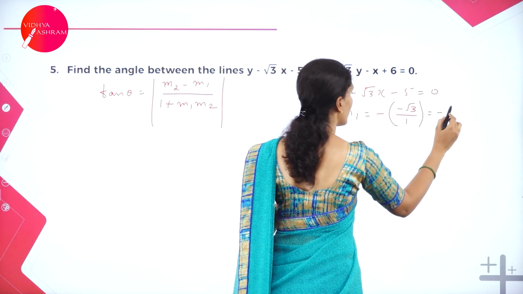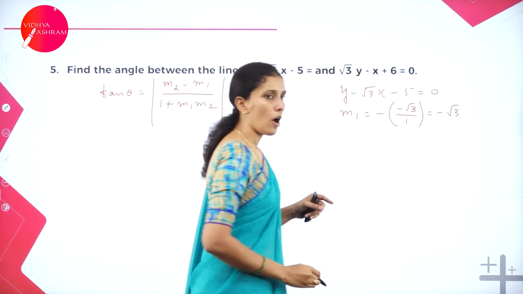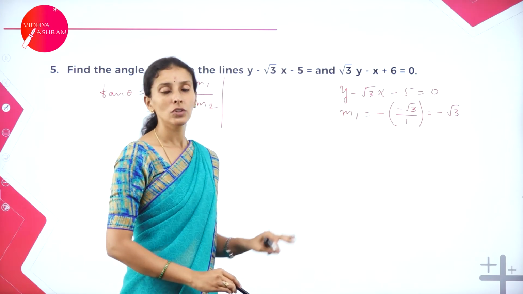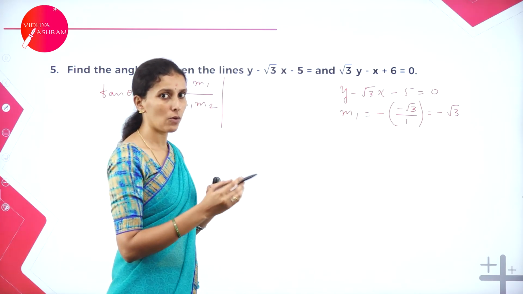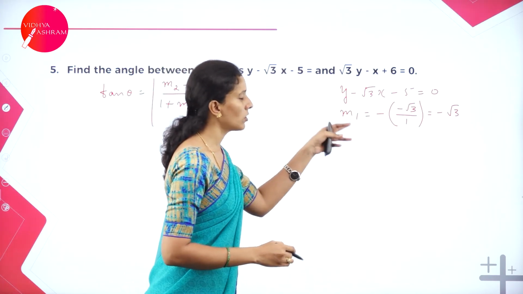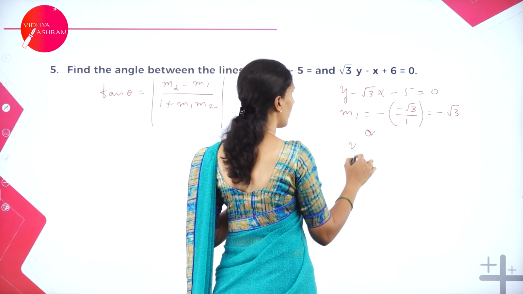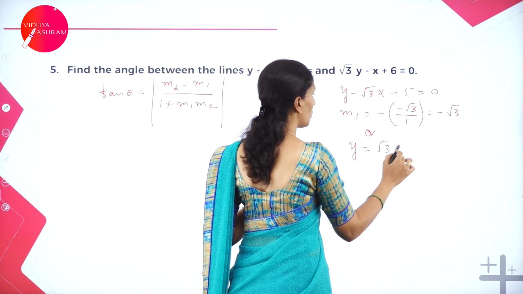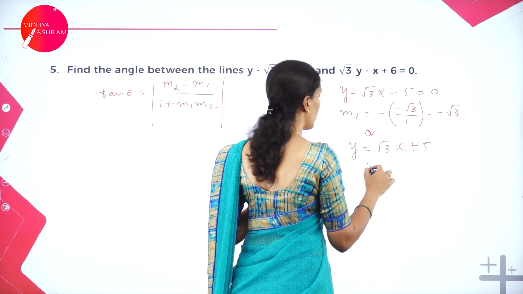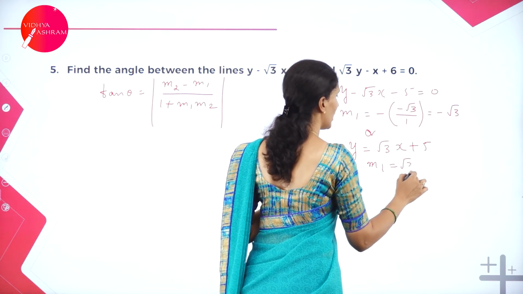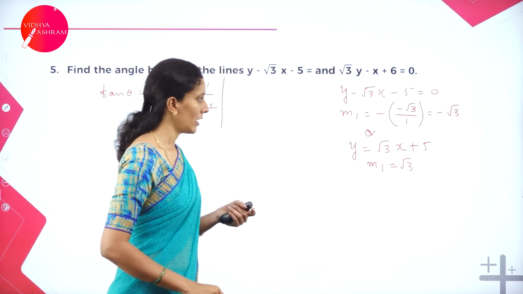So therefore m1 is minus root 3. Or you can convert this into slope intercept form, that is y is equal to mx plus c form. Then also you can find the slope. If you convert, you can write this as y is equal to root 3x plus 5. So therefore here also m1 is equal to root 3. Directly you can take it here.